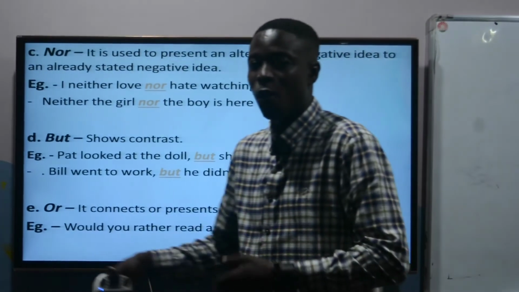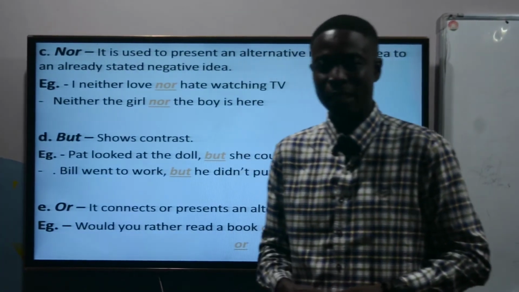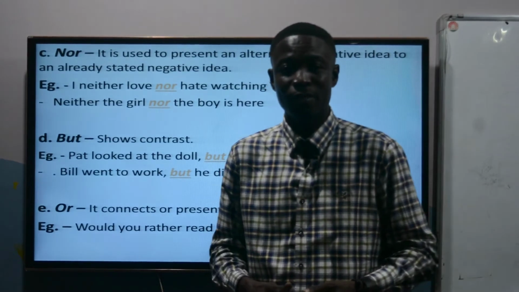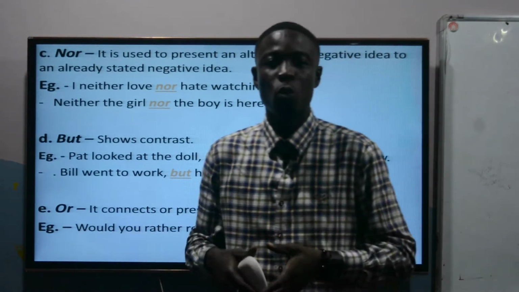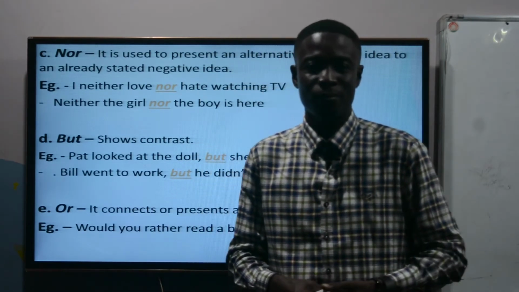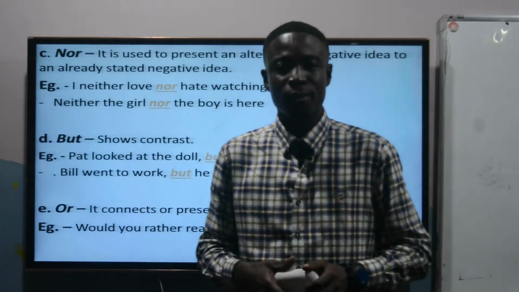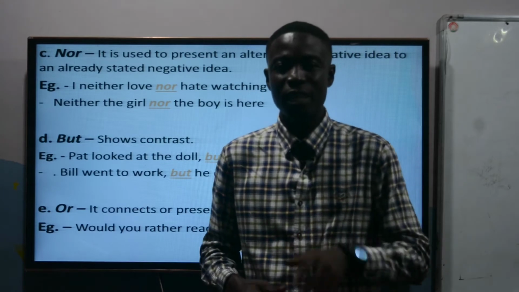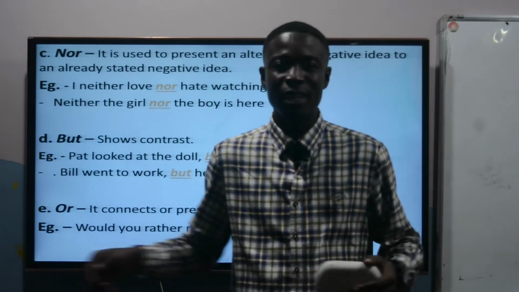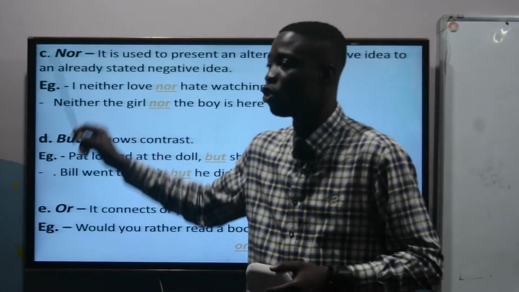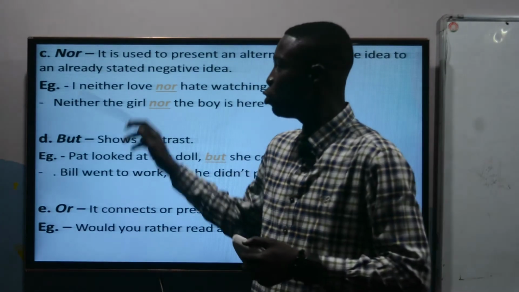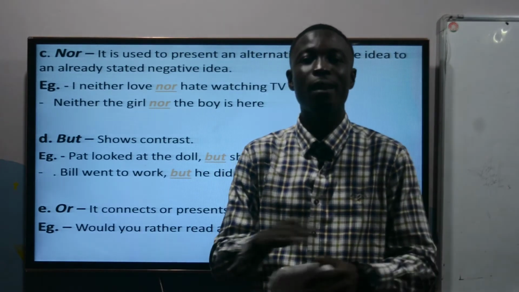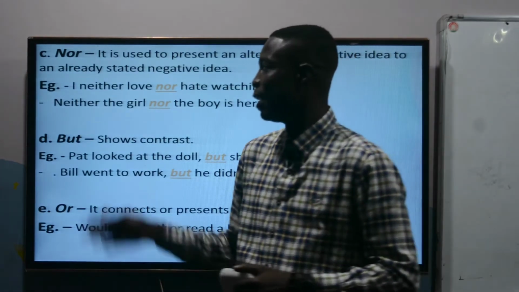So the first part of the statement will be negative, and then the second part of the sentence will also be negative. Two different clauses: first clause, negative; the second clause, negative. And we use nor to connect them. The moment you use nor, meaning negative. Let's take some examples.